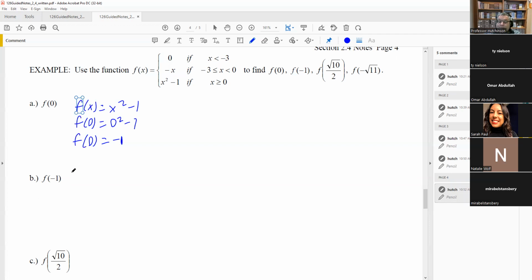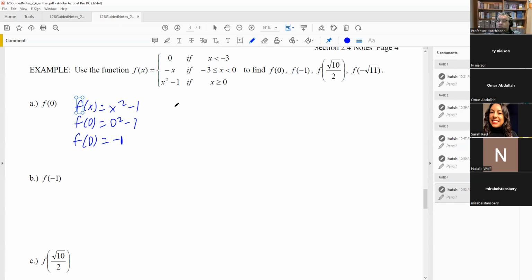Part B, we want to do f of -1. All right, so -1 is going to fit. It doesn't work with the first one because -1 is not less than -3. However, that will work with the second equation because -1 is both larger than -3, but at the same time, it's also less than 0.